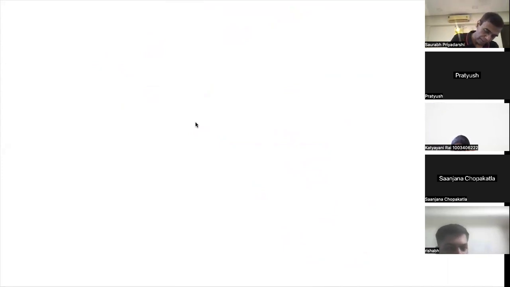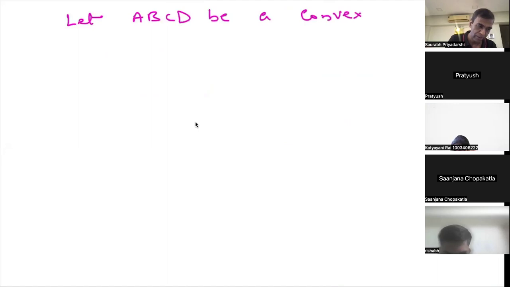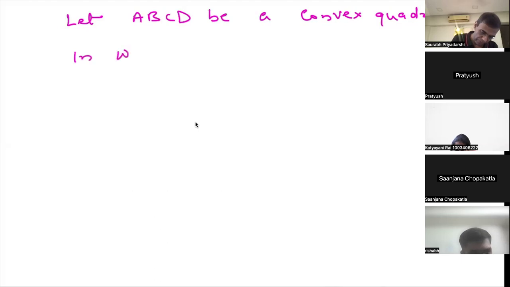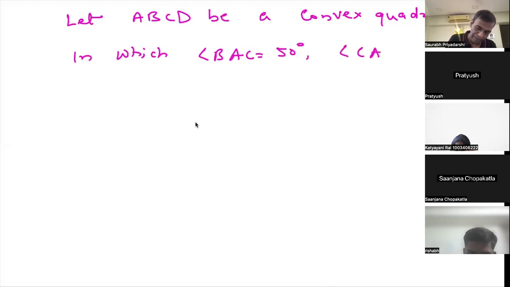Let ABCD be a convex quadrilateral in which angle BAC is equal to 50 degrees, angle CAD is equal to 60 degrees, and angle CBD is equal to 30 degrees.